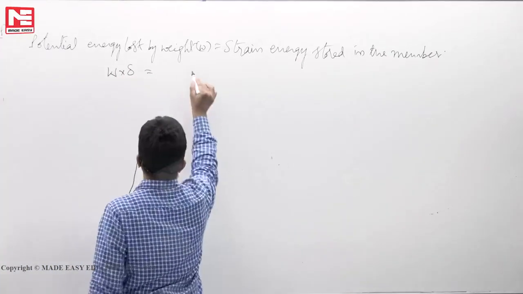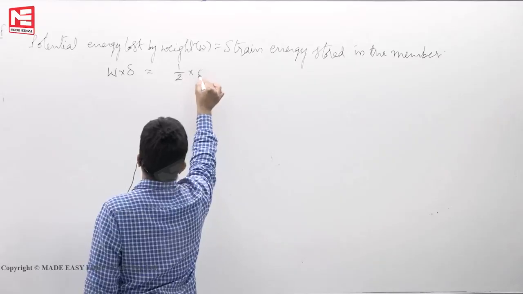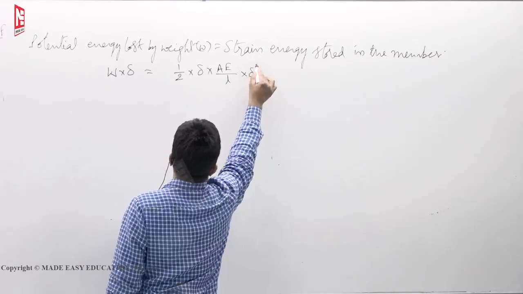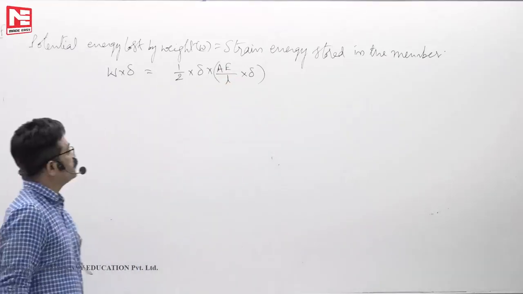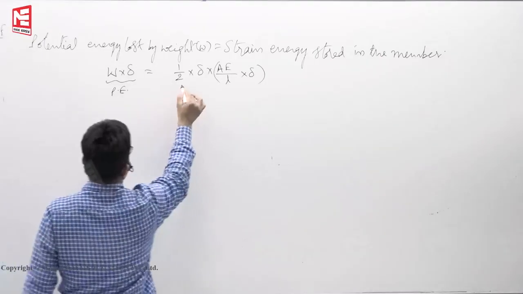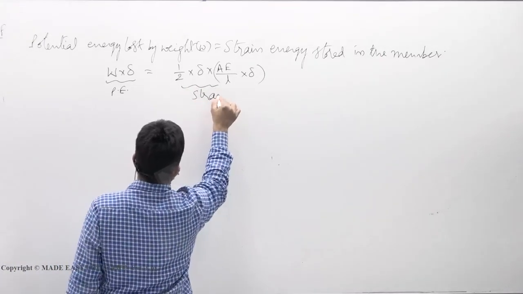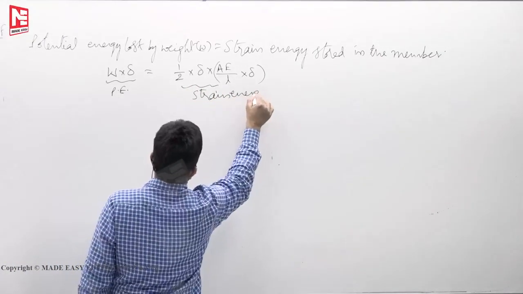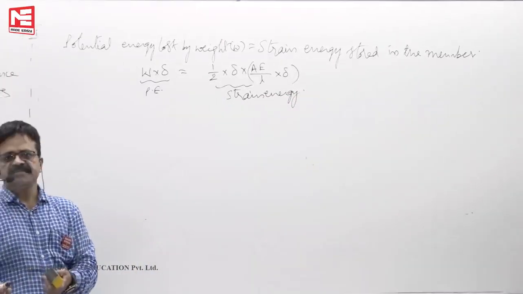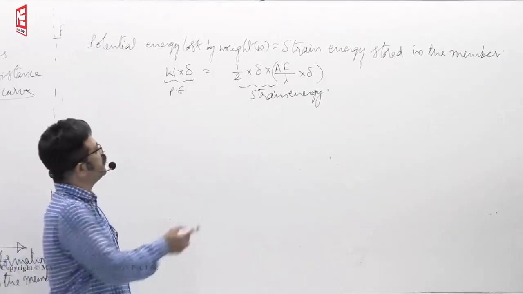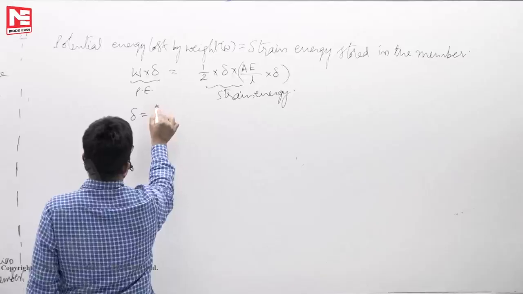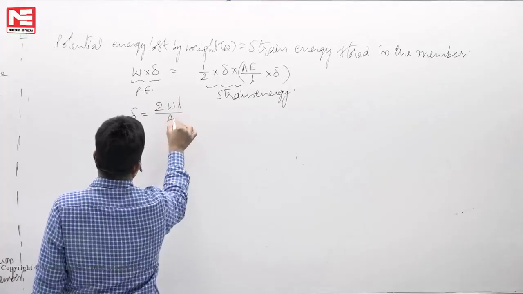Strain energy stored, half base into height, half into AE by L into delta. Okay, this is potential energy. This is strain energy. Whatever may be the type of loading, potential energy loss must be equal to strain energy stored. So delta, delta cancels out. How much will you get? Delta here is 2 WL by AE.